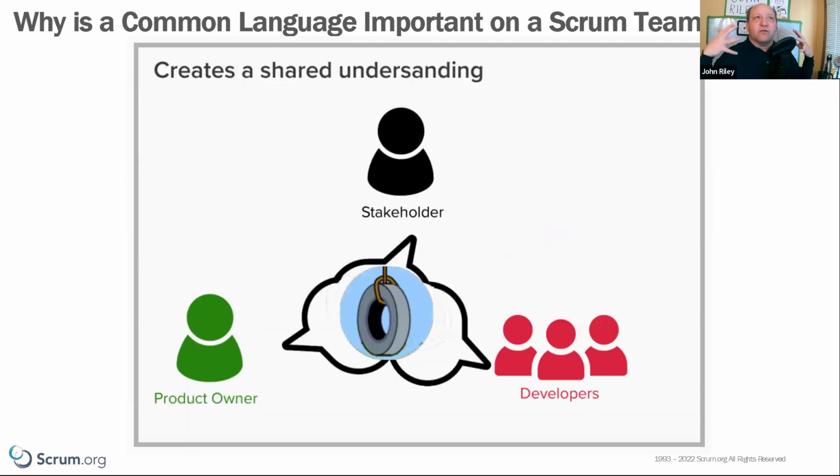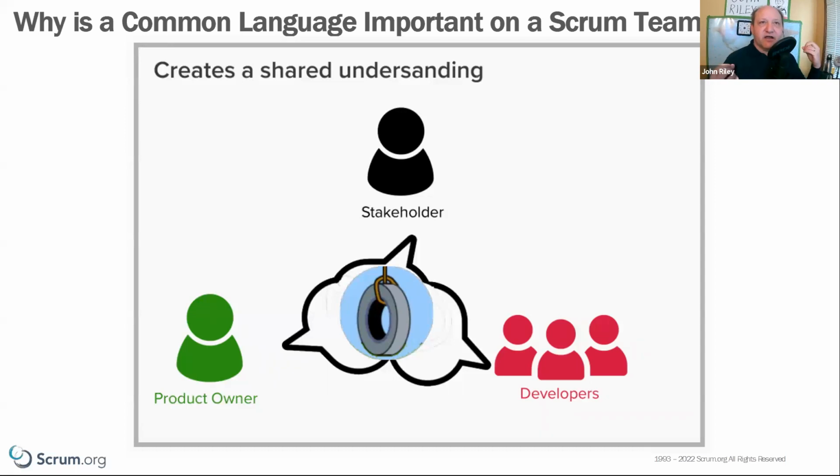So the main reason why a common language is so important on a Scrum team is it creates this thing called a shared understanding. We're going to go a little bit into what a shared understanding actually is, because it's referenced in the Scrum Guide in a couple places. So what we have is an understanding of what is actually needed and what can be produced as part of done, so that everyone has that understanding.